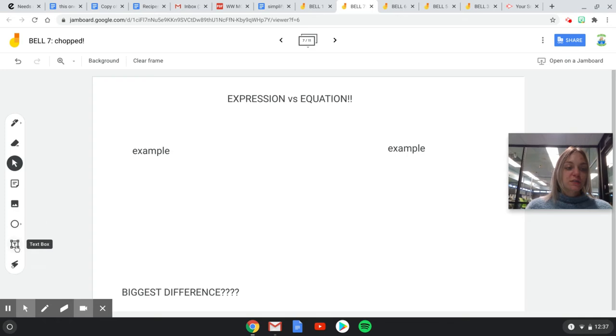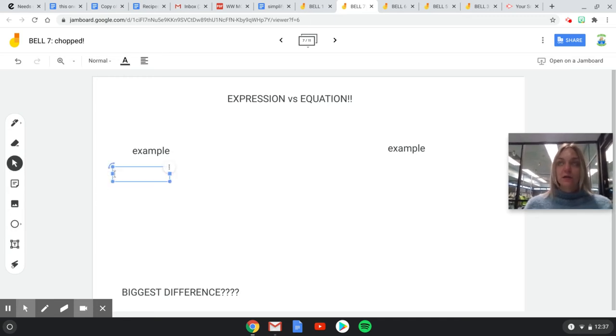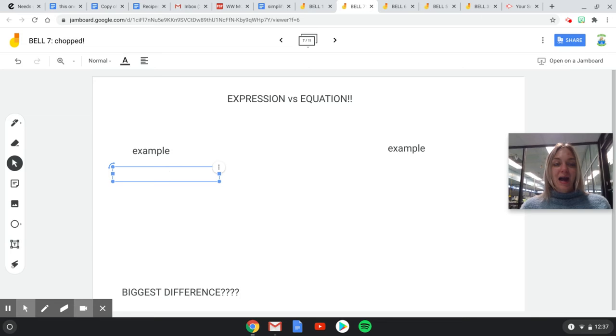The first thing we're going to do is talk about an expression versus an equation, which we had on our check-in last night. If we were in person or doing this synchronously, I would ask you for examples of an expression, but since I am doing it this way, I am just going to give you some examples. Something like 4s is an expression.